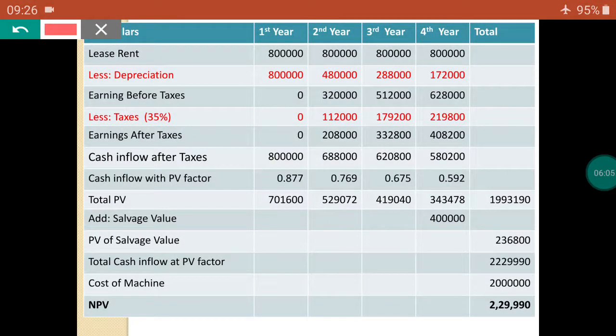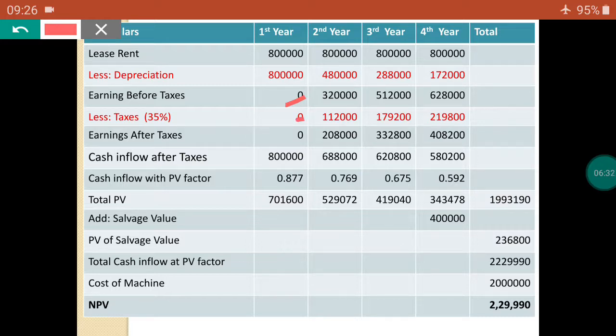After that, come to the taxes. Now you should calculate taxes on earnings before taxes, at 35%. Here earnings before taxes is 0, and the tax is also 0.